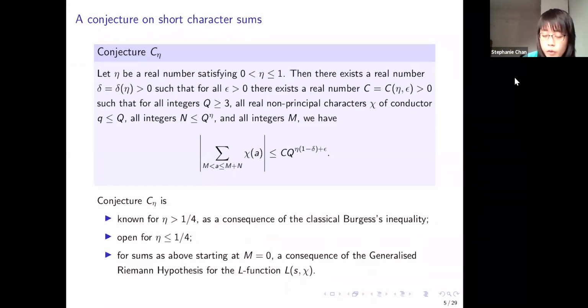So we'll assume this conjecture throughout the talk. We will be given several results, and they all depend on this conjecture on short character sums.